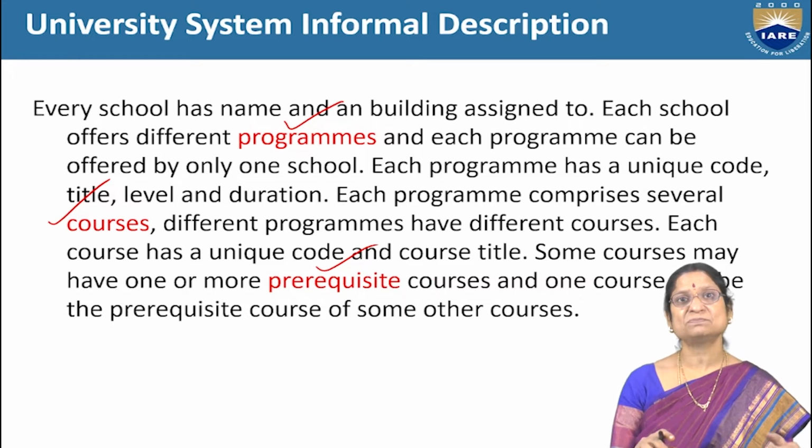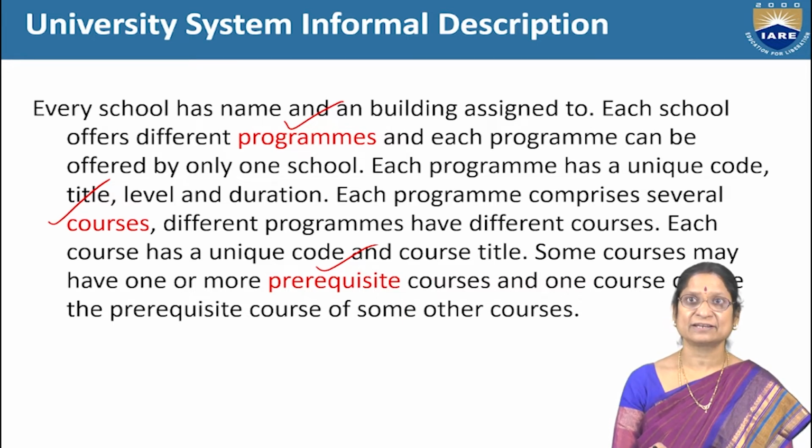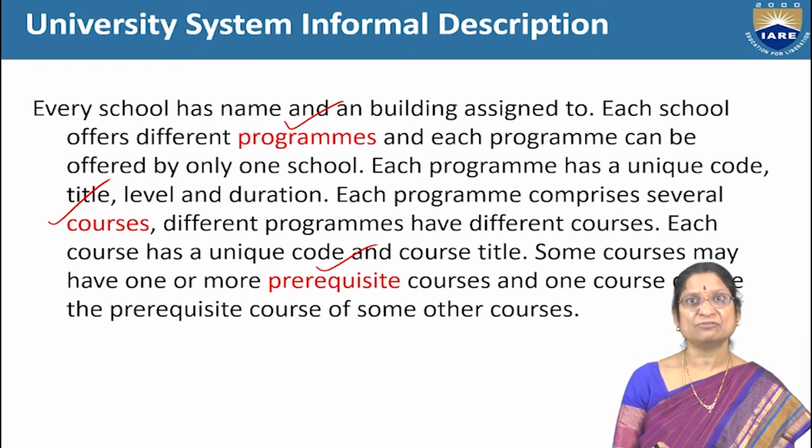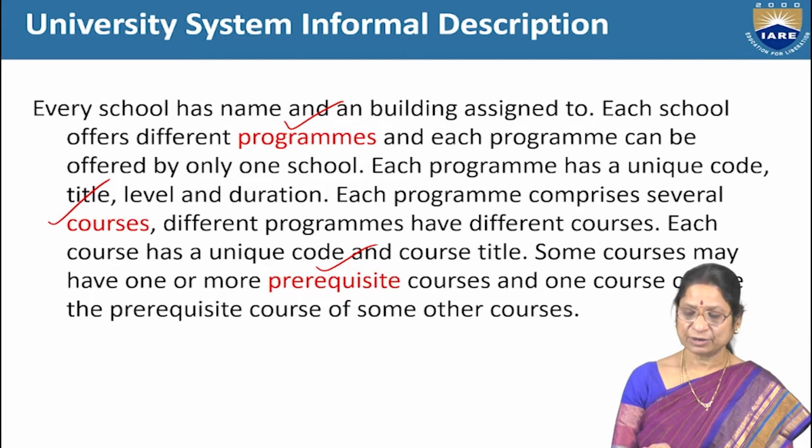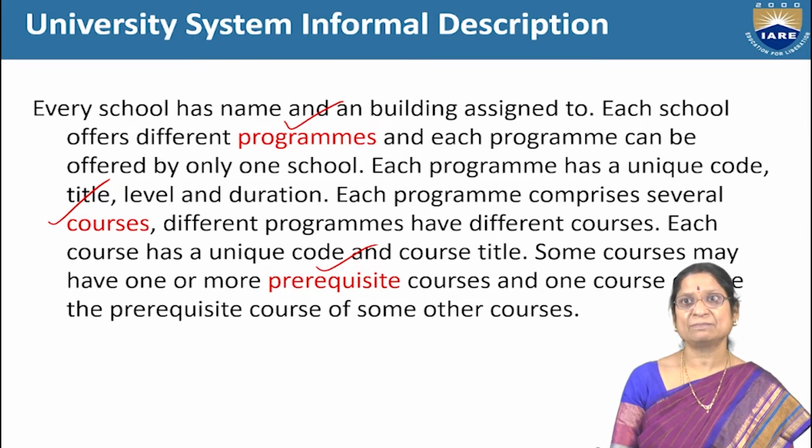So this is a specialization of course we can consider. Courses have a relationship with themselves as prerequisites. One course, or one or more courses, can be prerequisites for some other courses.